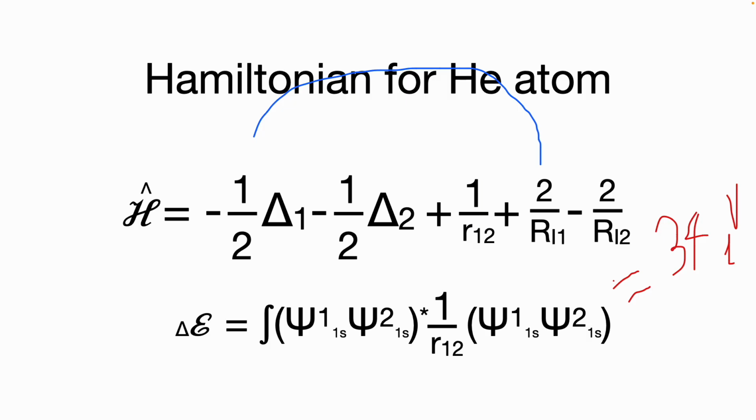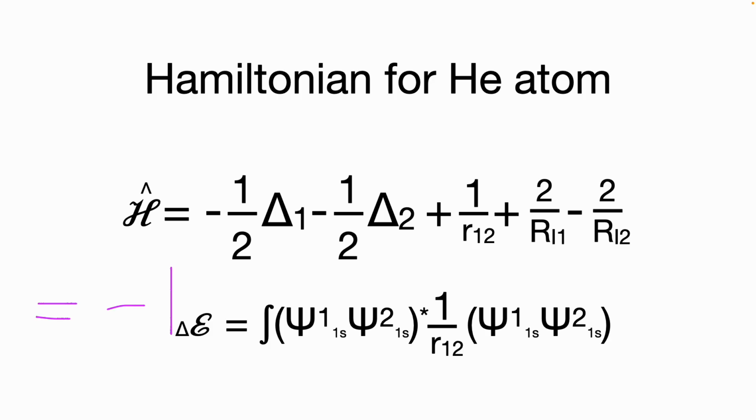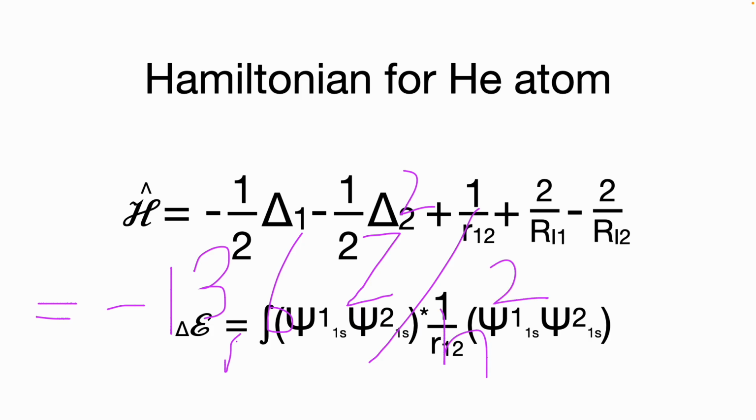And for a hydrogen-like system, the energy is given by minus 13.6 Z square by n square, where Z in our case is going to be 2 and n is going to be 1.